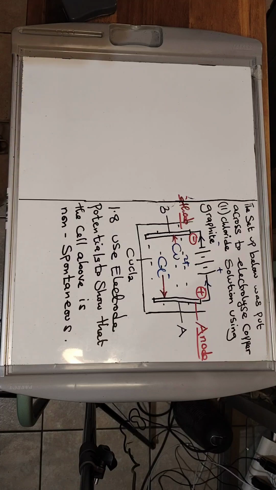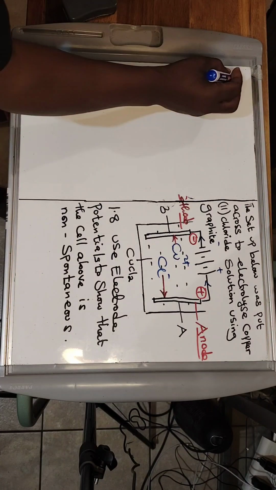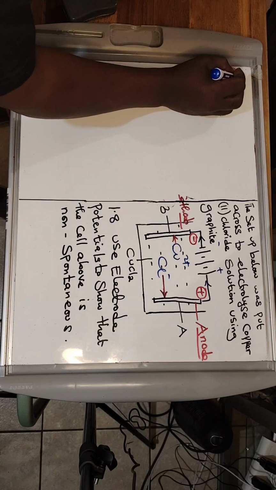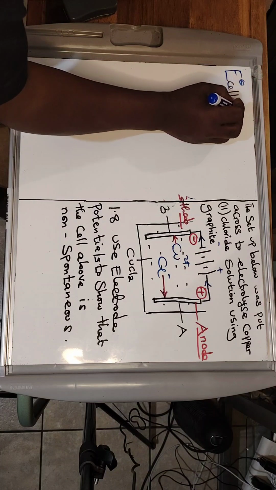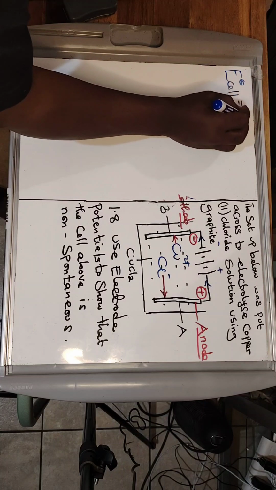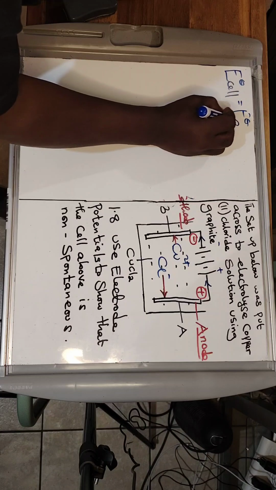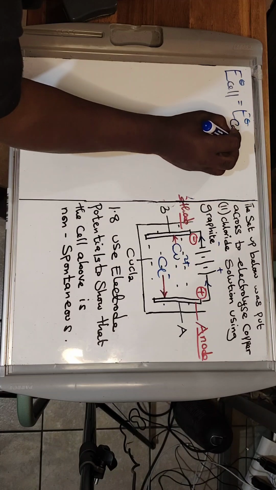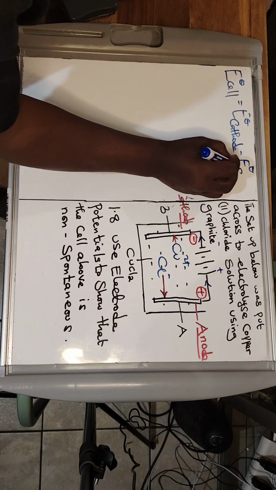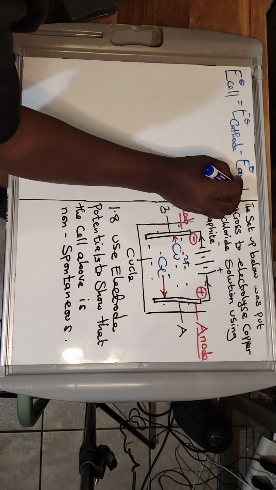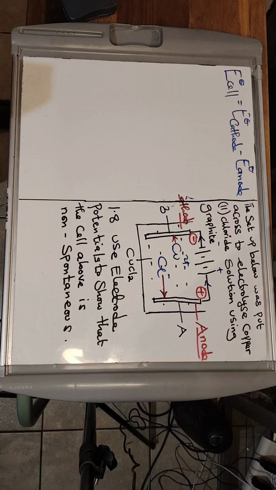We'll go back to our equation. The cell potential or standard cell potential is given by E naught, which is equal to E naught cathode minus E naught anode. That is it.